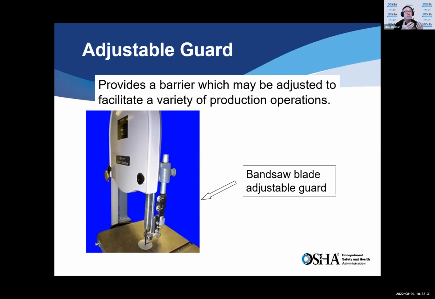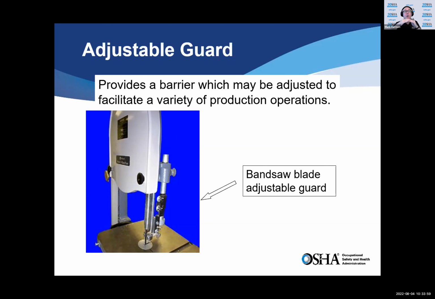As a compliance OSHA person, I always tell people about the part of the blade that you're using. Give me an example. If you're cutting a piece of wood, I'll use my phone, that's half-inch thick, I would say the adjustable guard needs to be adjusted down so as to only allow for that one material to go through the blade.